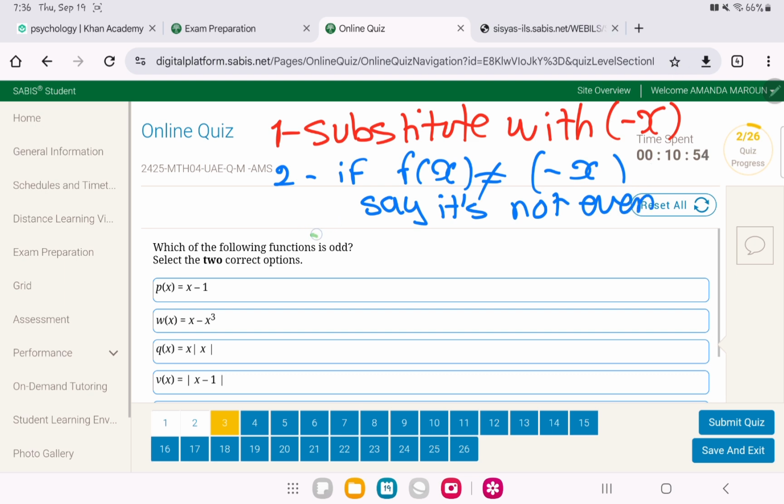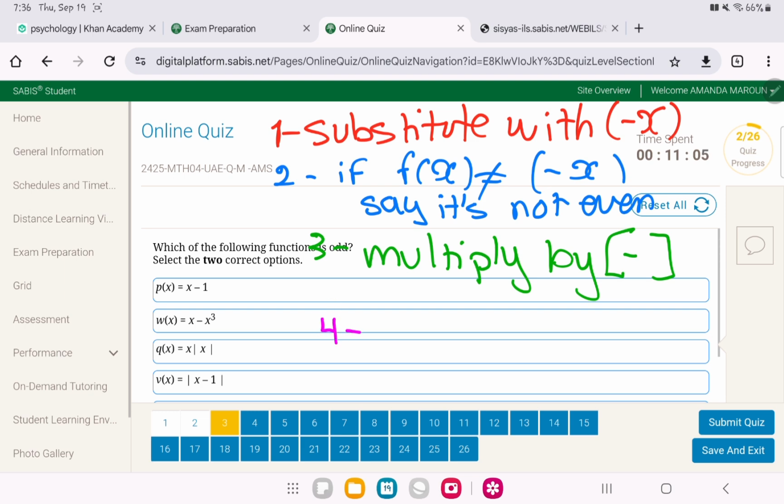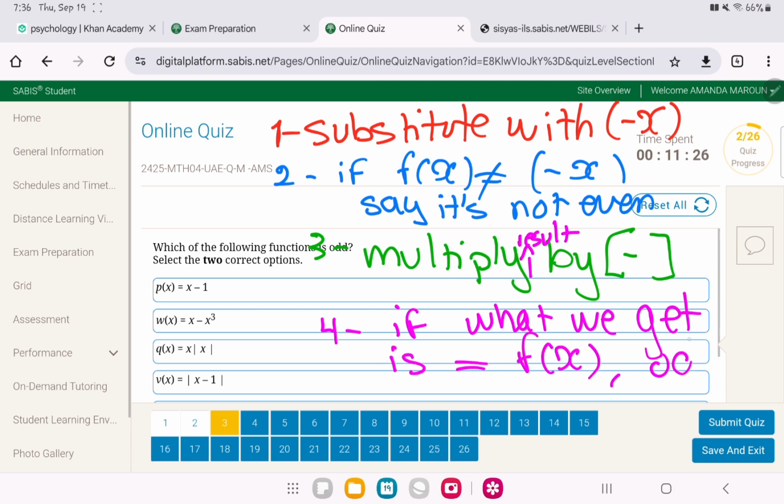Then third, multiply by minus. And then fourth, but I didn't put it fourth last time, I merged it with third. Fourth, we multiply the result by minus. If what we get is equal to f(x), then we say it is odd.